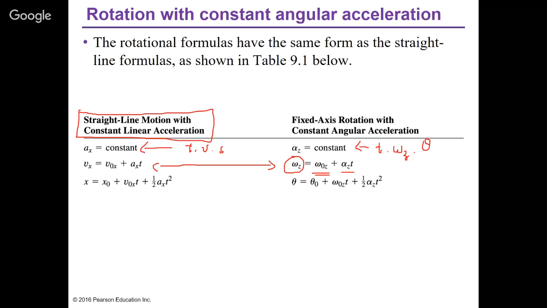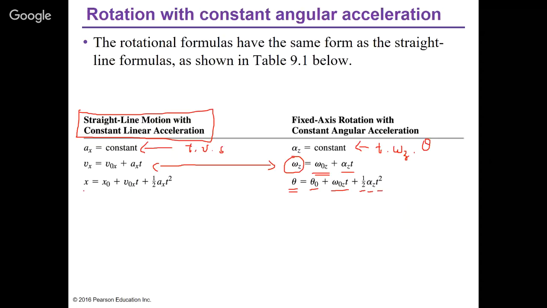Okay. And then for the angular displacement, at a certain t, that will be your initial angular displacement theta zero plus the linear term, that is the initial angular velocity times t, plus half times the angular acceleration times t to the second power.